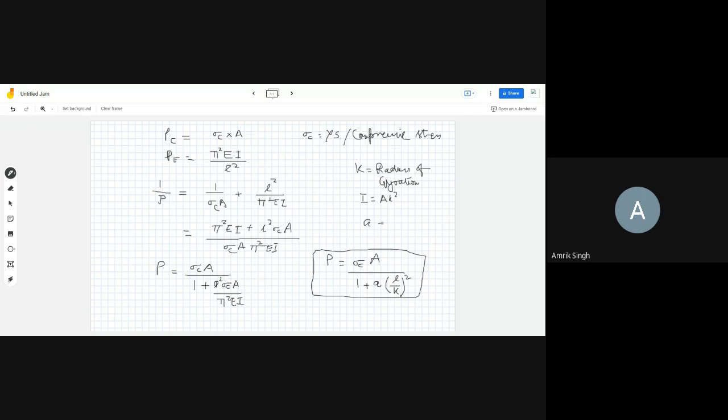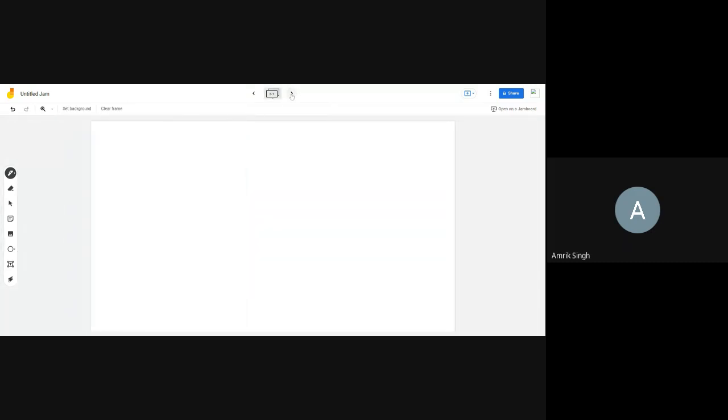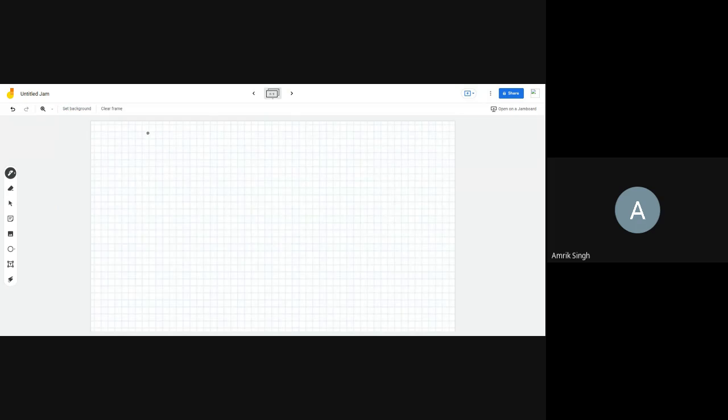So A is equal to sigma C upon pi square E. This is constant, and it depends upon material.